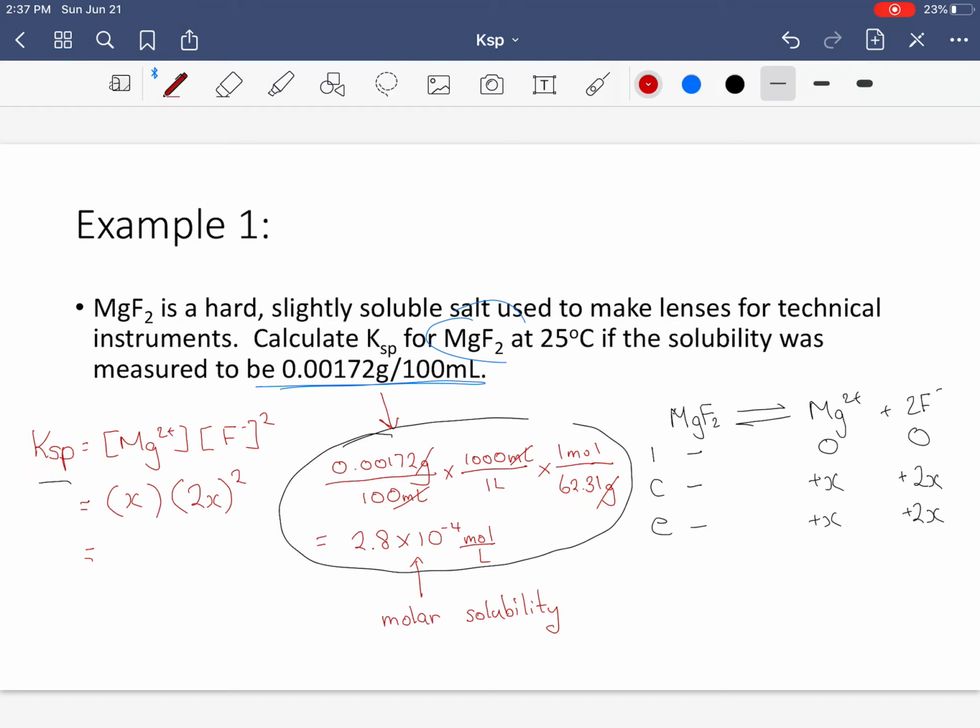Basically, this is x. Okay? That is x. So, to make my Ksp expression, I'm going to insert my x into my equation.